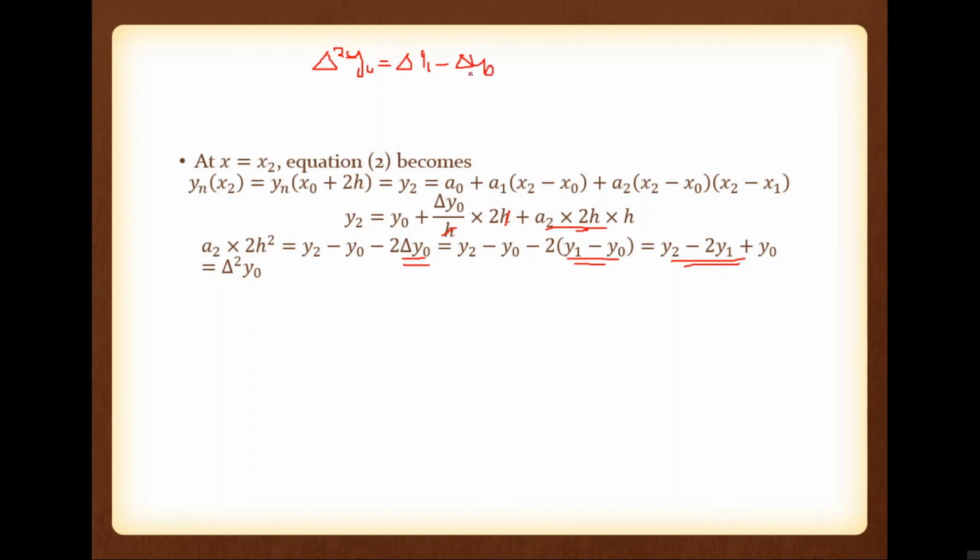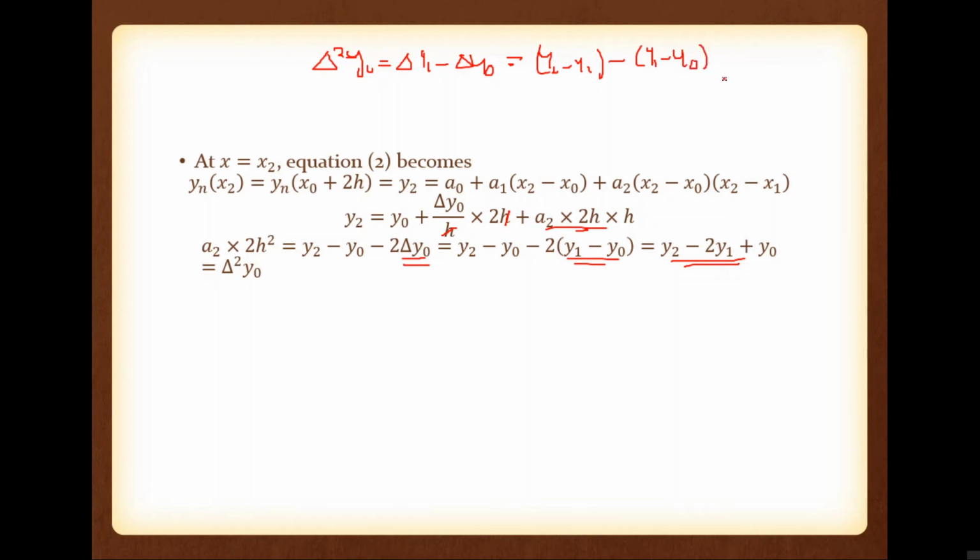Okay. So delta y1, if you are expanding this, is y2 minus y1. y2 is the next value, y1 is the current value. So y2 minus y1 minus, if you are expanding delta y0, its next value is y1 minus current value y0. So this is y1 minus y0.